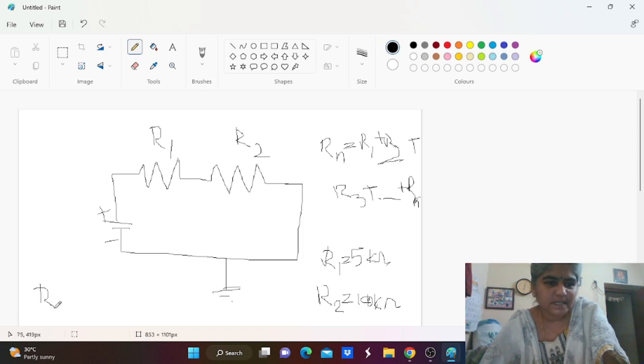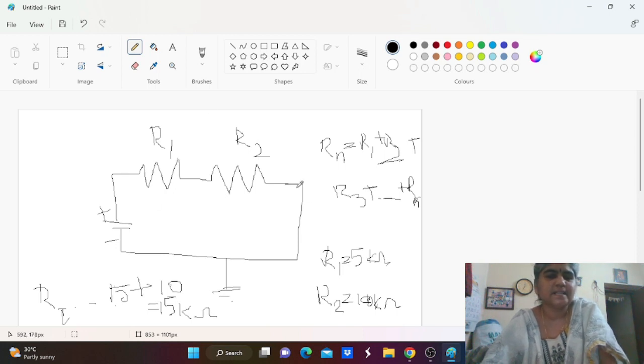The total resistance Rt is equal to R1 plus R2. R1 value is 5 kilo ohm, which is added with the R2 resistor value 10 kilo ohm. Finally, we will get 15 kilo ohm. So 15 kilo ohm is the total resistance when the two resistors are connected in series.